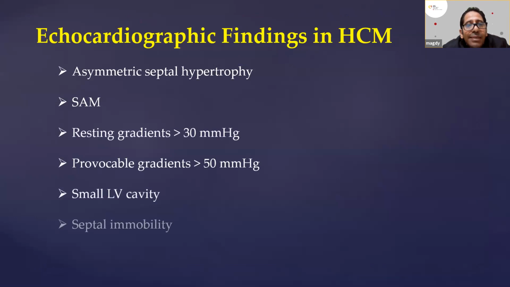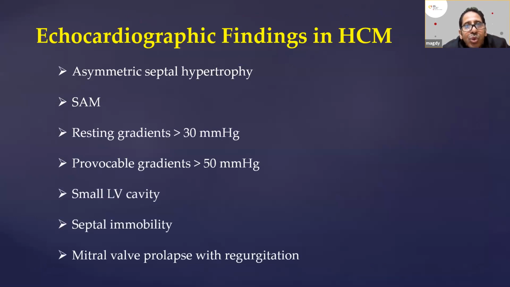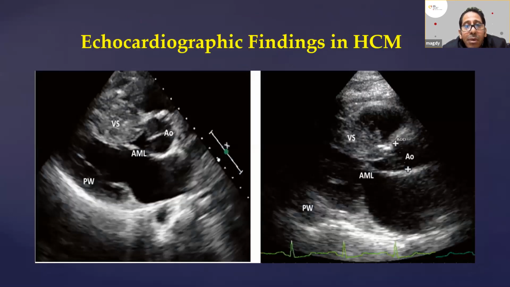So in echo, you can see asymmetrical septal hypertrophy, septum to posterior wall ratio more than 1.3, systolic anterior motion, resting gradient more than 30, gradient with provocation more than 50 millimeter mercury, small LV cavity, septal immobility, mitral valve prolapse, or any mitral valve abnormalities with mitral regurgitation.